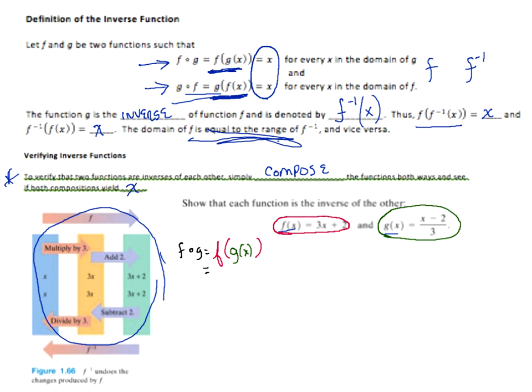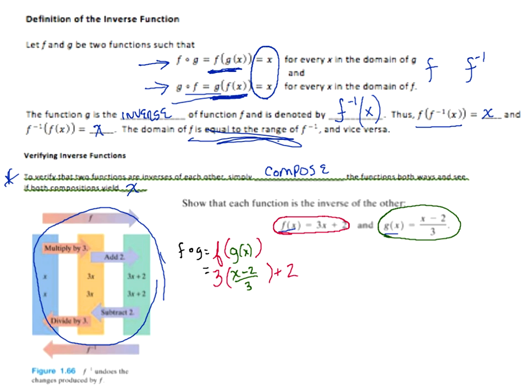So this is what that looks like. My f function is 3x plus 2. So I write 3. I don't write x. That's where I'm going to plug in the other function, plus 2. And this is how it looks when I plug the g of x in, x minus 2 over 3.